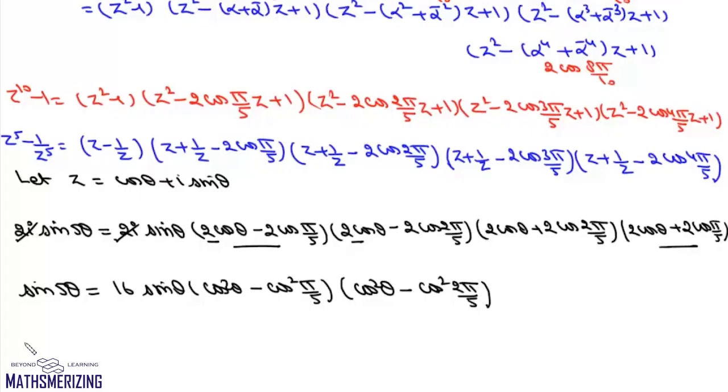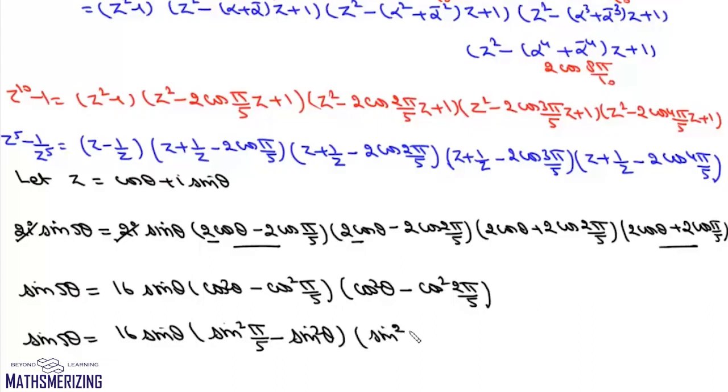So we'll write this as sin 5θ will be 16 sin θ (sin² π/5 − sin² θ), and then (sin² 2π/5 − sin² θ). Now we'll take sin² π/5 and sin² 2π/5 common.